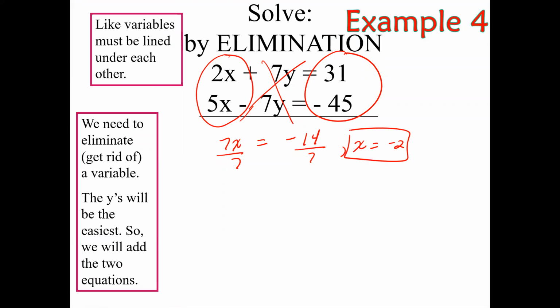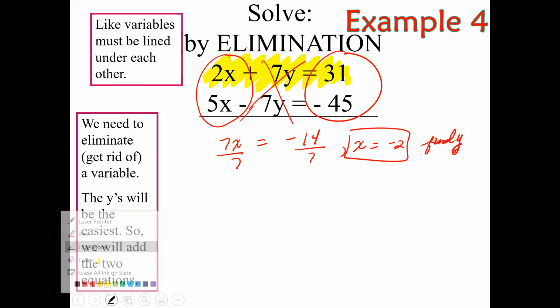Next, what I'm going to do is go ahead and find y. So which equation do you want to use to find y? Well, since I used the second one last time, let's use the first one this time. So to find y, I'm going to plug the x equals negative 2 in.